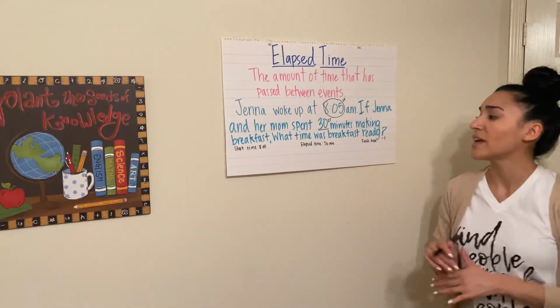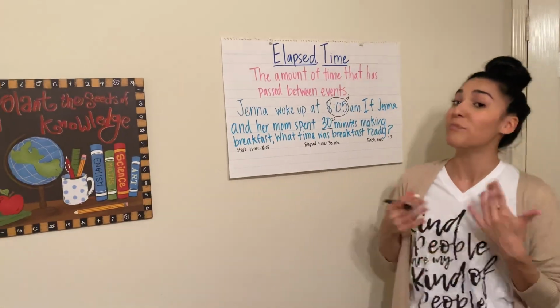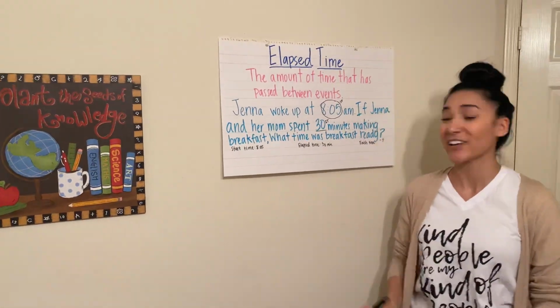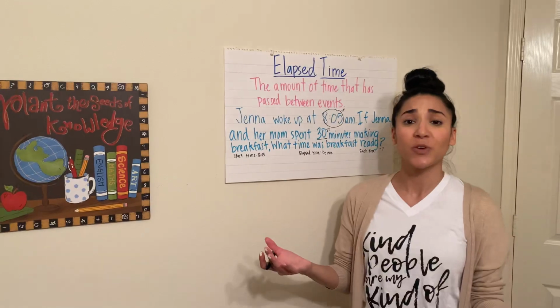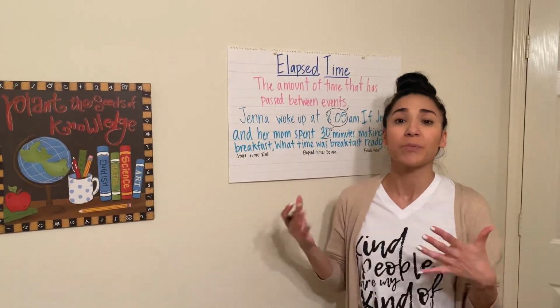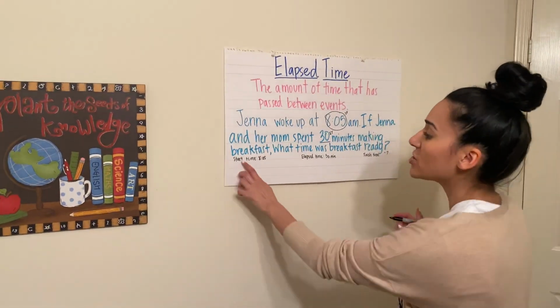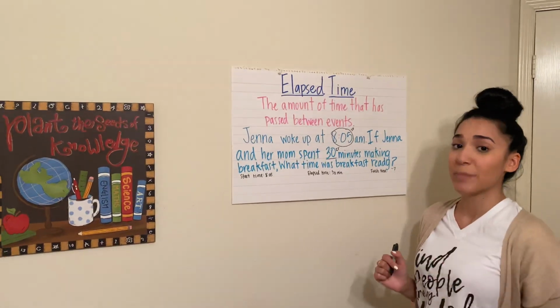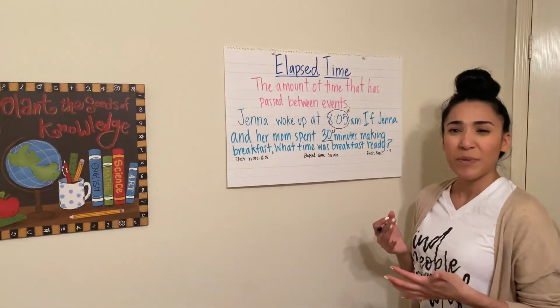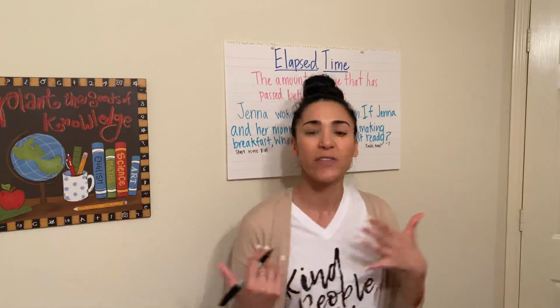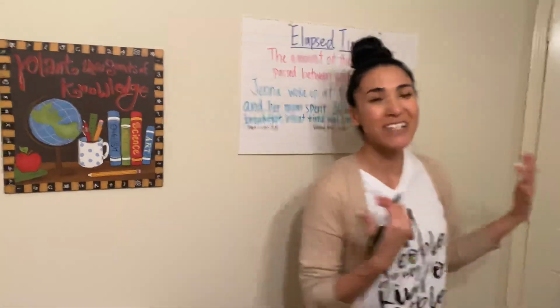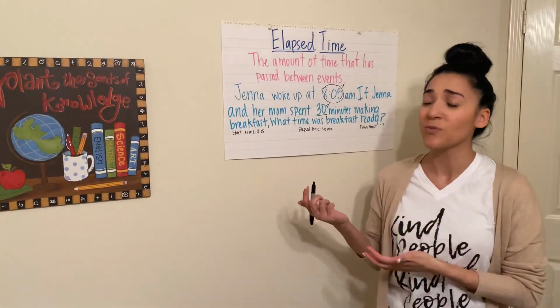Awesome. Okay, so now, I'm sure most of you all probably already have the answer, and that's wonderful, but I wanted to show you a couple of ways that you can actually represent your thinking, okay? So for our start time, we're going to use a number line. Why a number line? Because a number line kind of gives us an order of events, just like an order of time that things take place. So that's helpful for us.